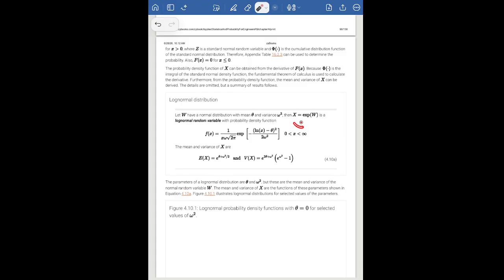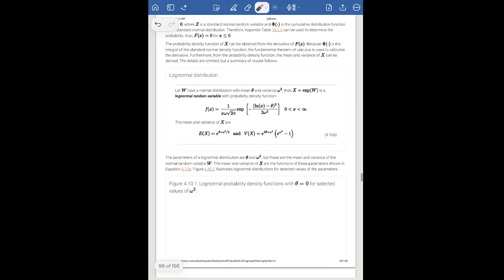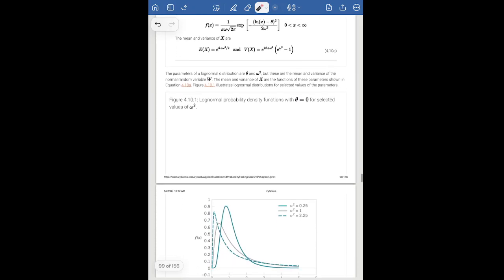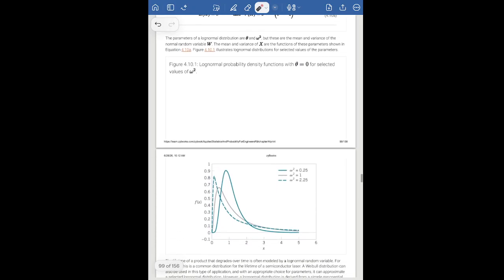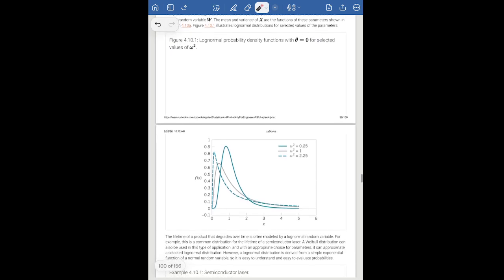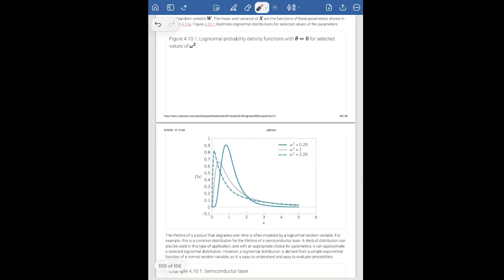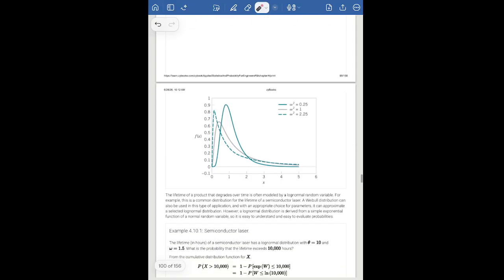So x is equal to e raised to the w type situation. So we get to a point where you can actually put functions of one variable, take that variable and transform it and put it in another variable. Okay.